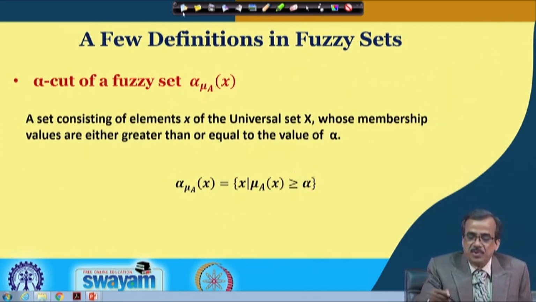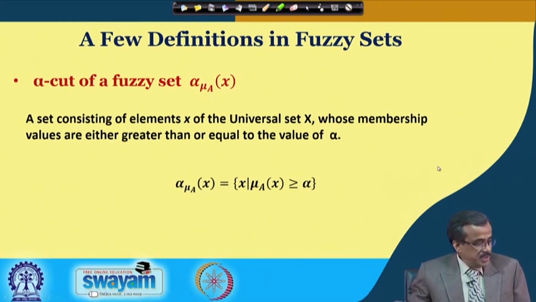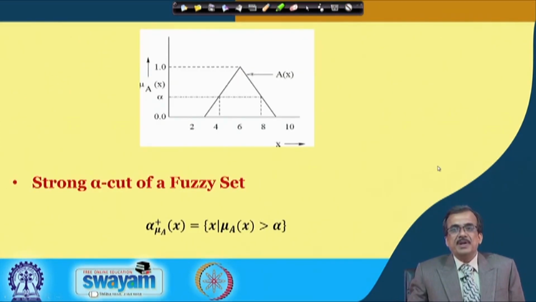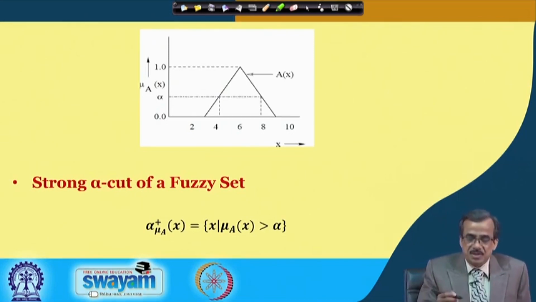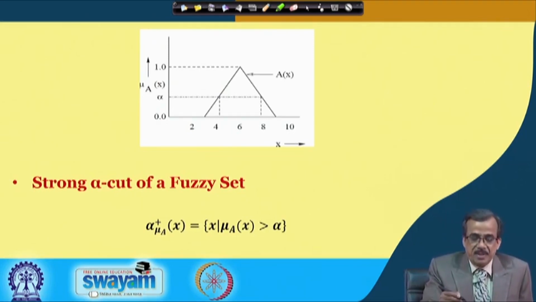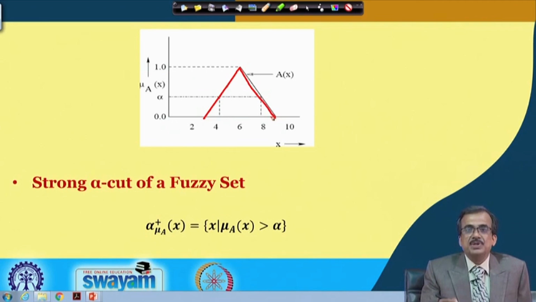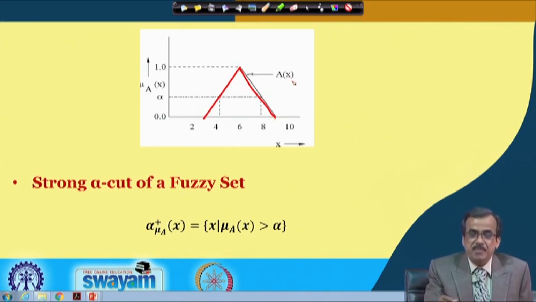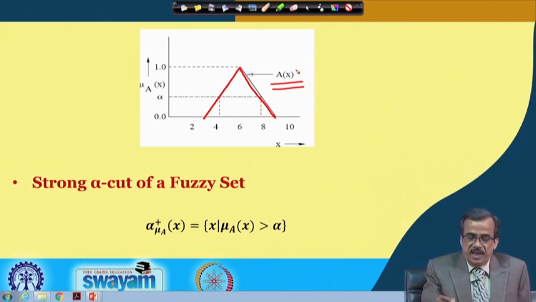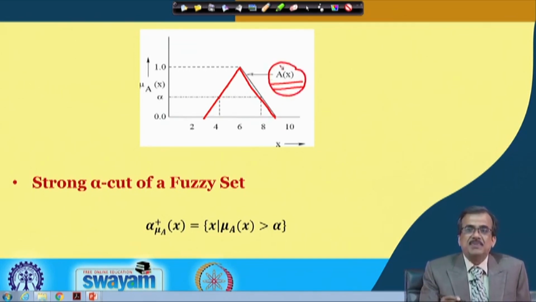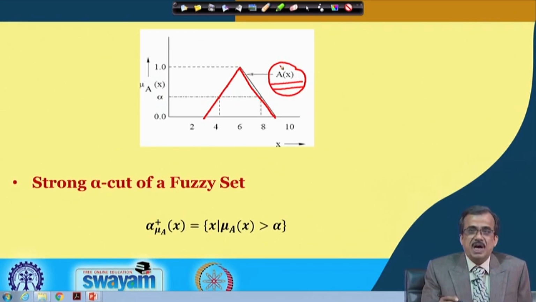Now, I am going to take one example just to tell you what you mean by this definition of alpha cut. Let me assume that this triangular membership function distribution represents a fuzzy set, and that is nothing but A(x). So, A(x) represents a fuzzy set and I am going to define its alpha cut.